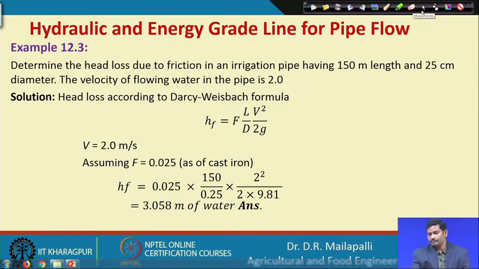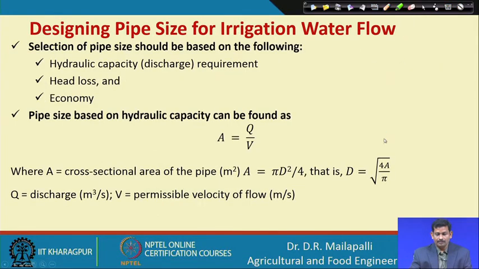Okay, so here the section size should be based on the following: hydraulic capacity required, pipe size, and pipe size is very important in irrigation water flow.